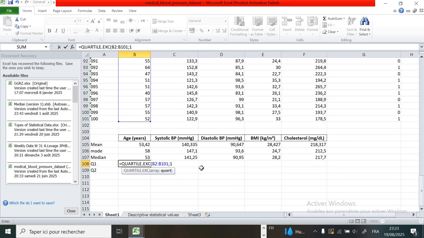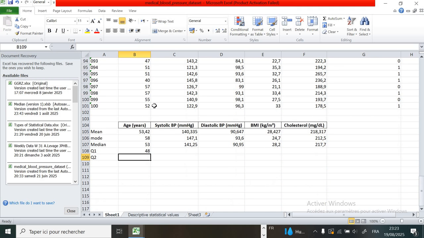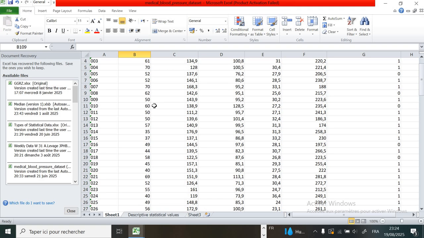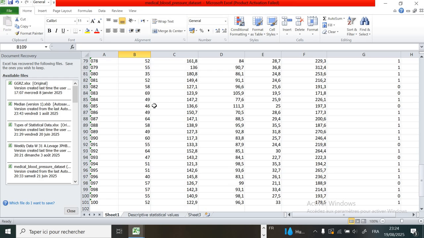That is 48. That means among these patients, 25% have an age inferior to 48, and 75% have an age superior to 48.